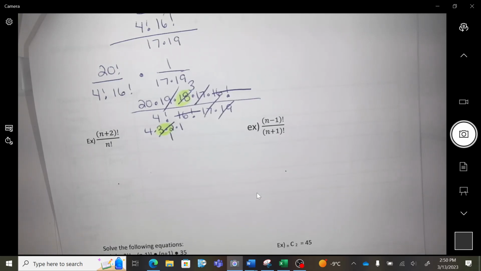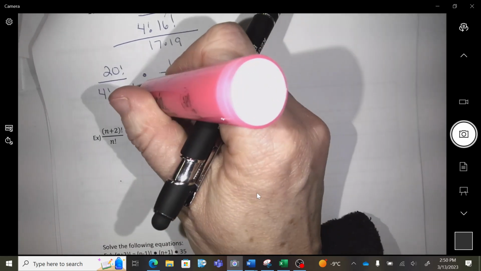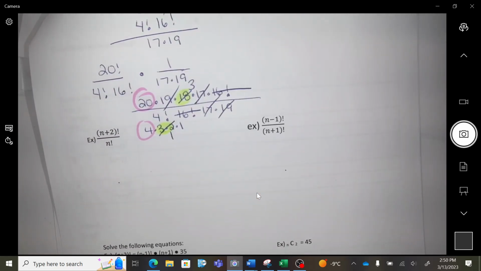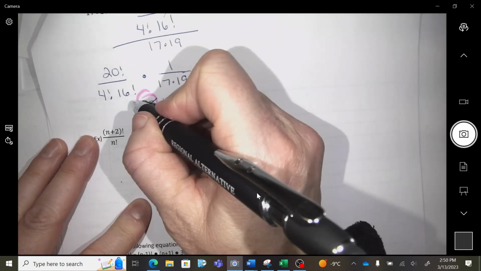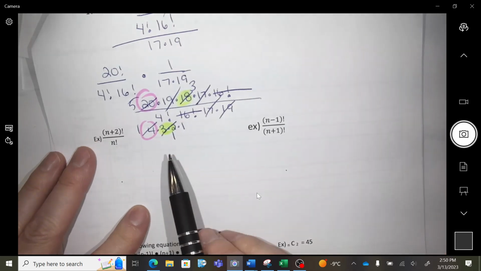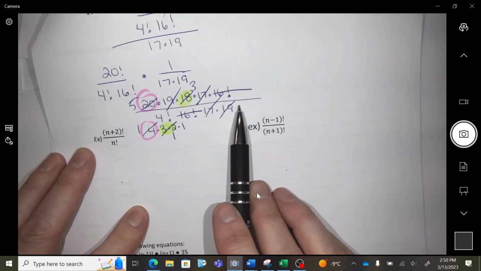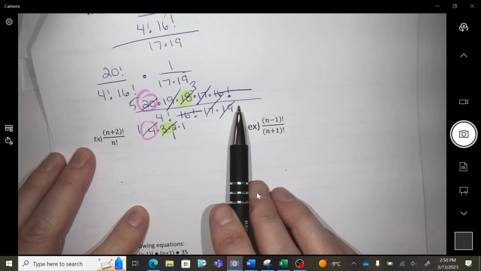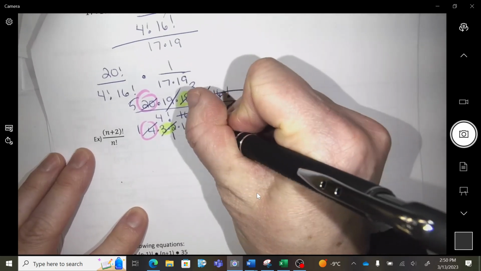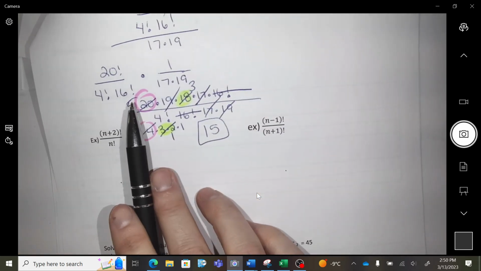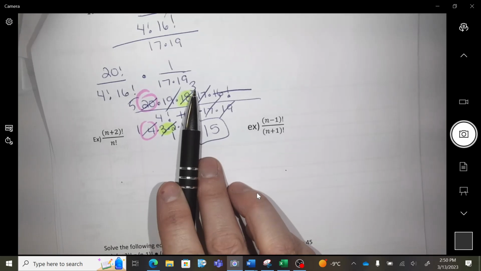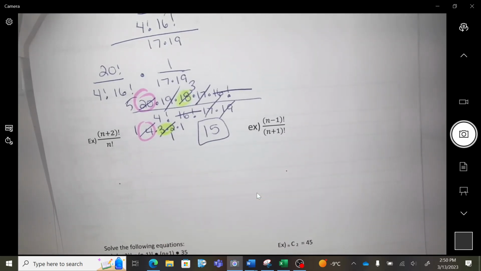And I'm going to now cross off a 20 and a 4. What do you want to reduce those by? 5 and 1. So now look at that. Every single thing on the bottom was crossed. And then my final answer is 5 here, and then the 3, so 15.